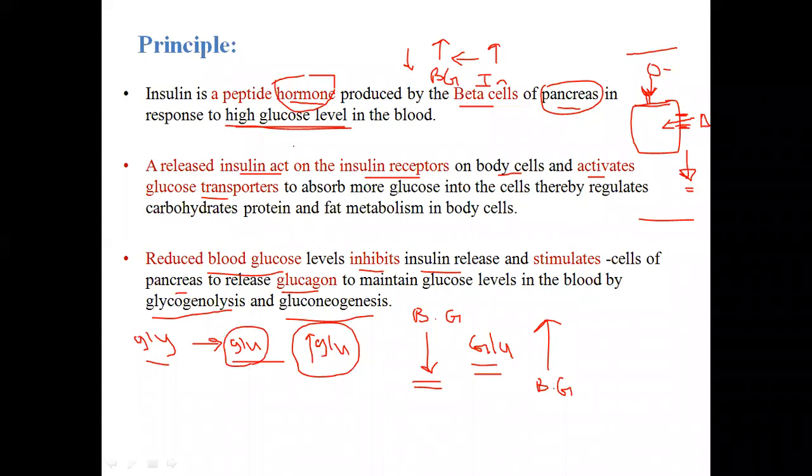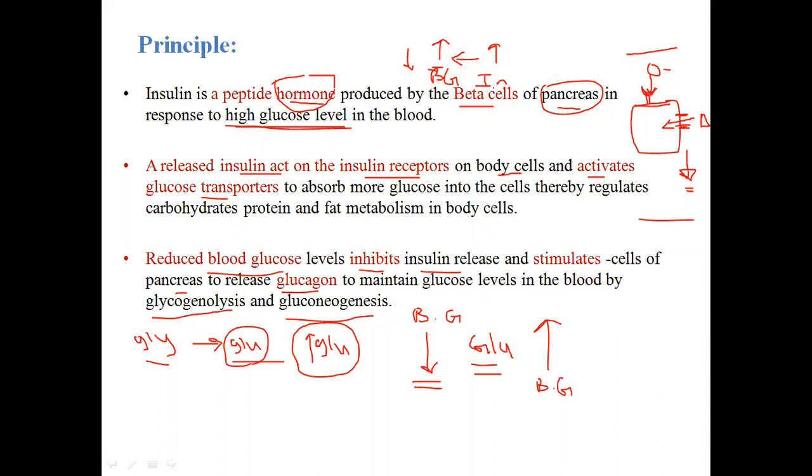So what we have learned in this slide: we started with insulin, which is a hormone secreted by the pancreas through beta cells. Insulin is released in case of hyperglycemia, whenever the blood glucose is high.